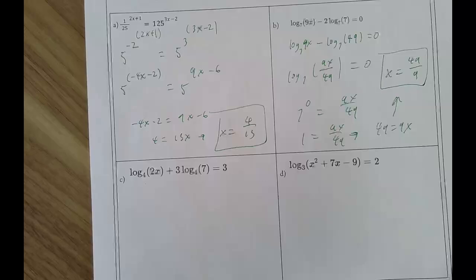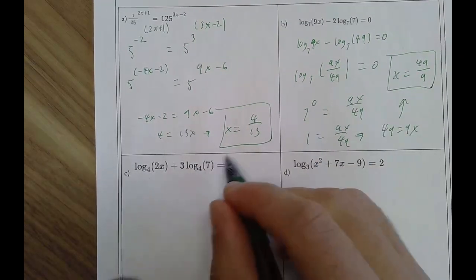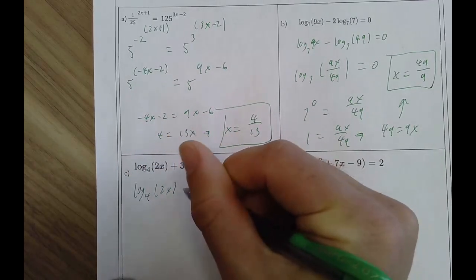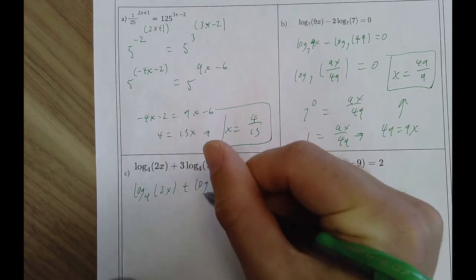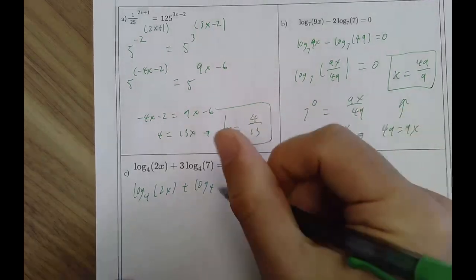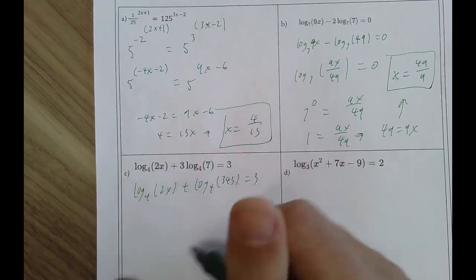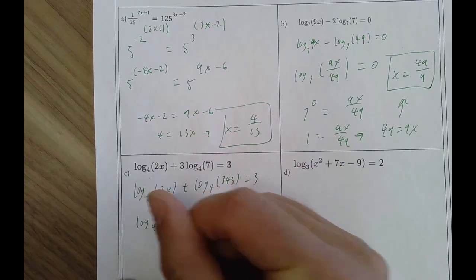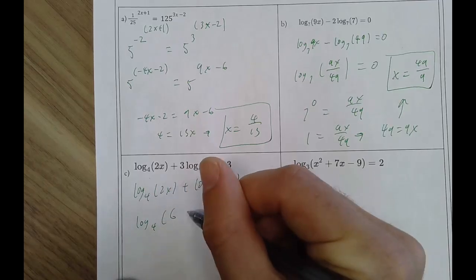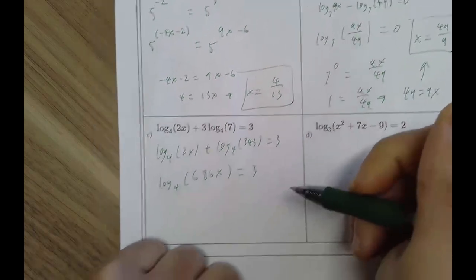Okay, let's do another one for practice. This is very similar, except this one is addition instead of subtraction. This would be log base 4 of 2x plus log base 4 of 7 to the third, which is 343, equals 3. We're adding, so we multiply: log base 4 of 686x equals 3.